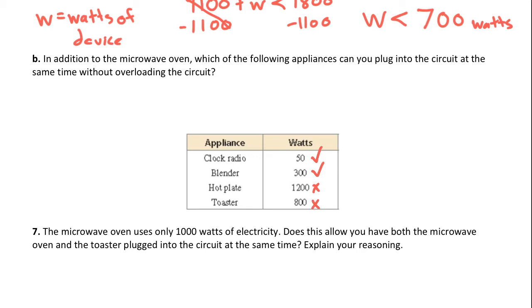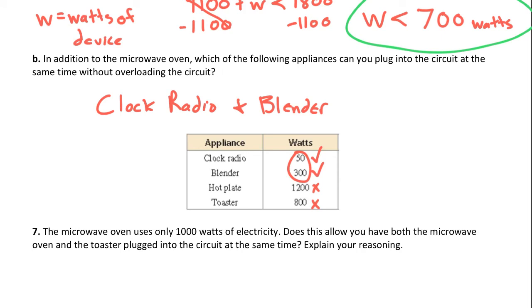So the devices that we can plug in would be the clock radio and the blender. The hot plate and the toaster would be too much. It would overload the circuit. So those are the only devices that satisfy our inequality up here, less than 700 watts, okay? So those are the devices that wouldn't work.